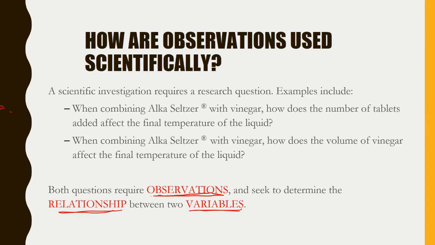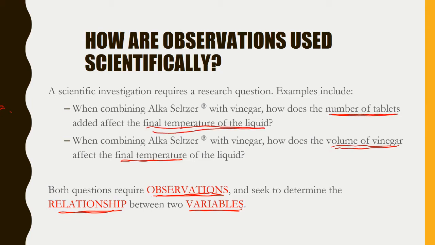In both of these, temperature is one of the variables, and then in one of them it's the volume of vinegar, and in the other, it's the number of Alka-Seltzer tablets and the effect on the final temperature.